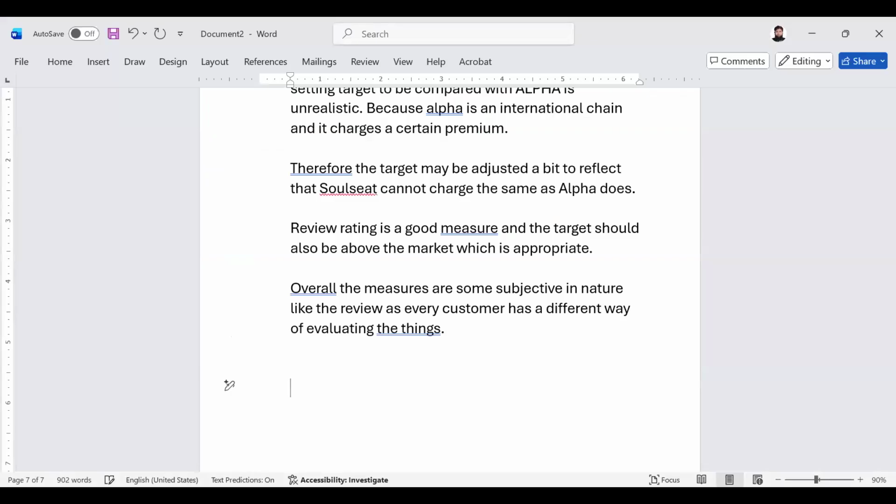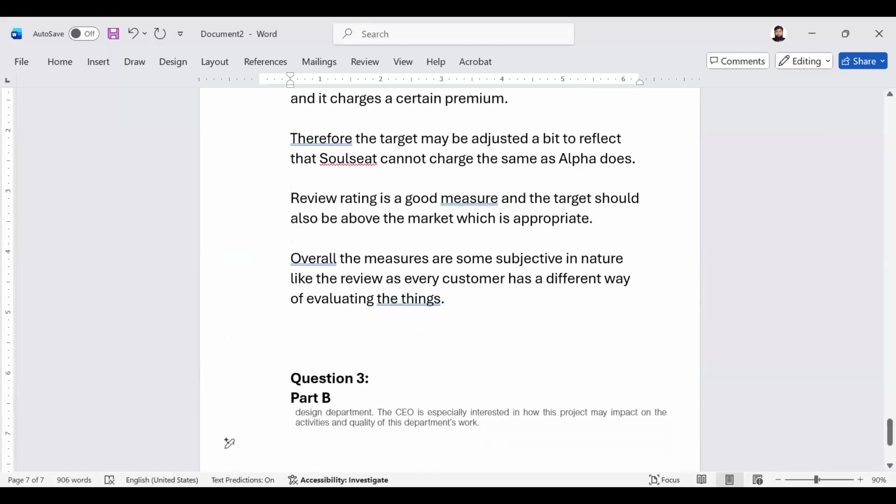So if I could just talk about question 3, part B. Now what is it that we have to do? Just try understanding this.